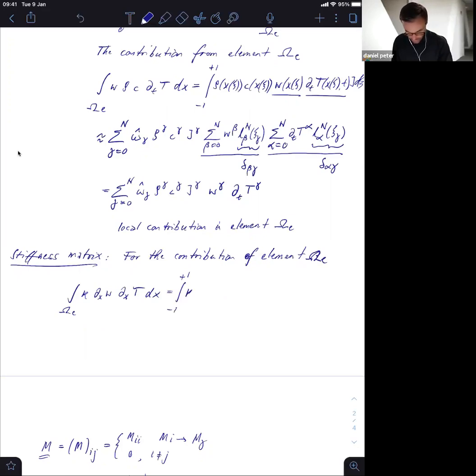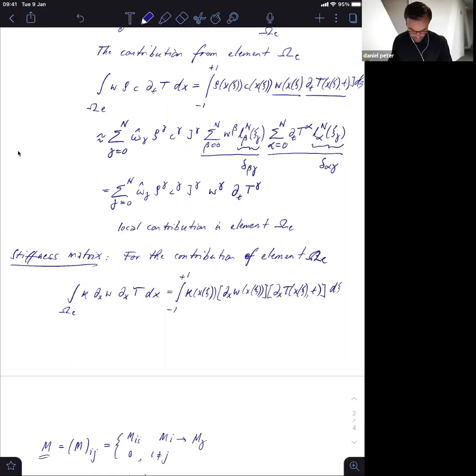So now the conductivity is a function of x, which becomes a function of xi, our local coordinate. And now we have the derivatives of w, x of xi, and the derivative of the temperature field, which depends on position and time.